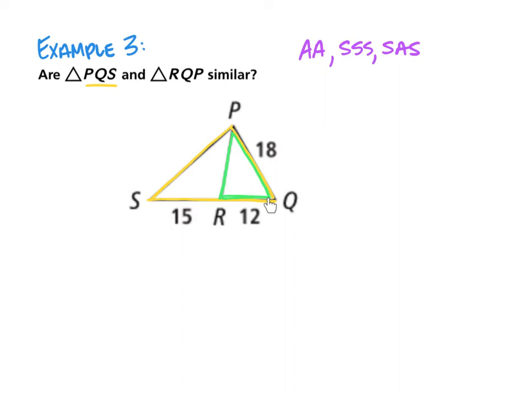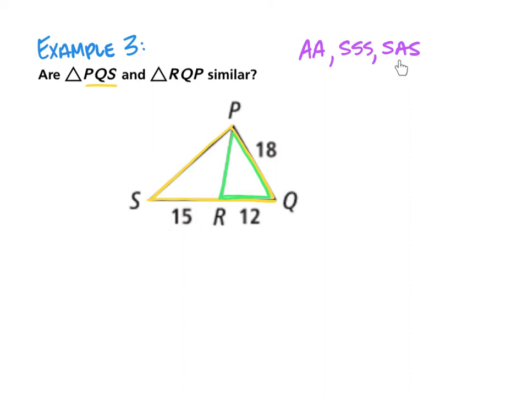And then in the other triangle, RQP, I know that one side is 12 and one side is 18. So the fact that they're only giving me information about 2 sides of each triangle would guide me towards possibly using SAS, because for side, side, side I need all 3 sides, and for angle, angle I don't really need any sides. So although it's possible we would be using angle, angle, I think the fact that they're giving us lengths of 2 sides on each triangle is guiding us towards maybe checking to see if SAS works.